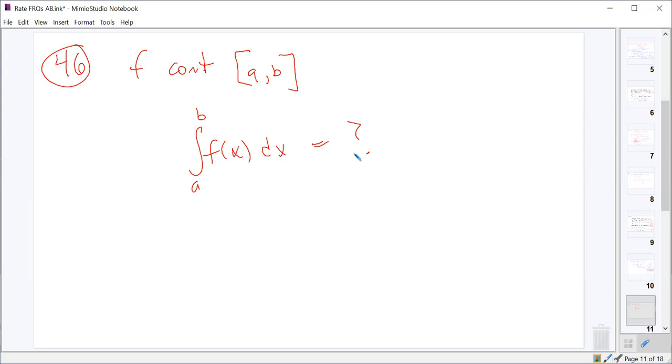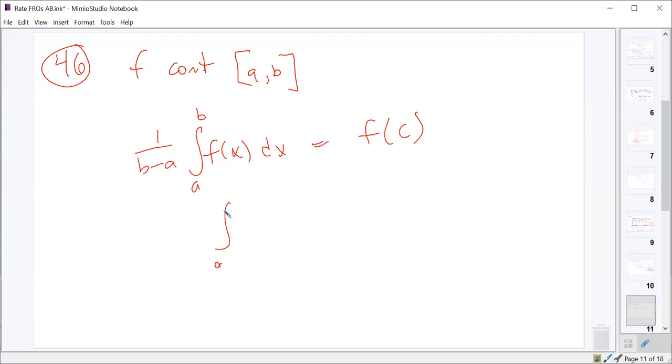And so we know that the average value of a function ought to be that f of c value. And so normally this has a 1 over b minus a in front of it.